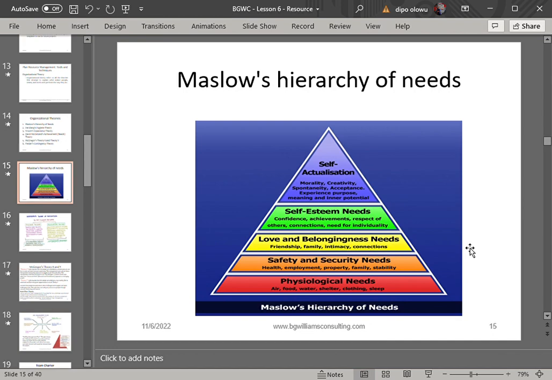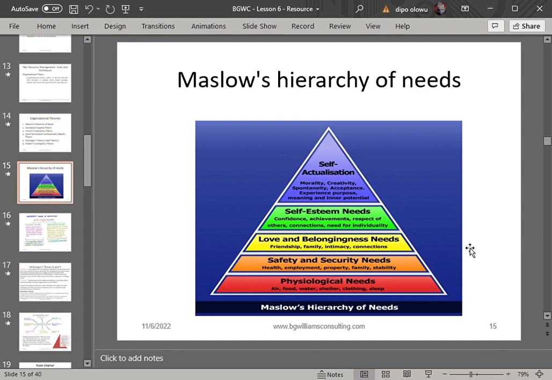That is why in Abraham Maslow's hierarchy of needs, he said that the first thing that will make a team member satisfied is when he or she is able to meet his or her physiological needs.